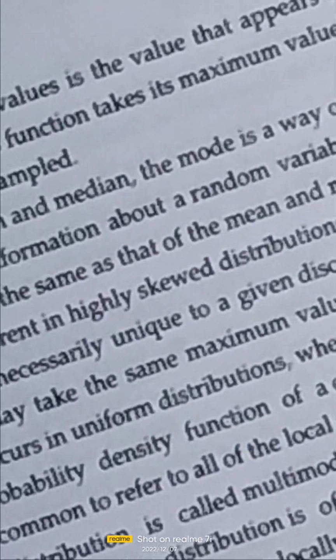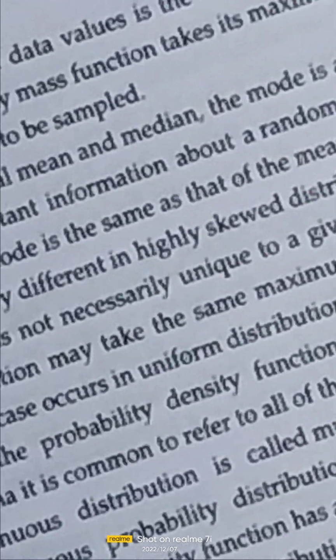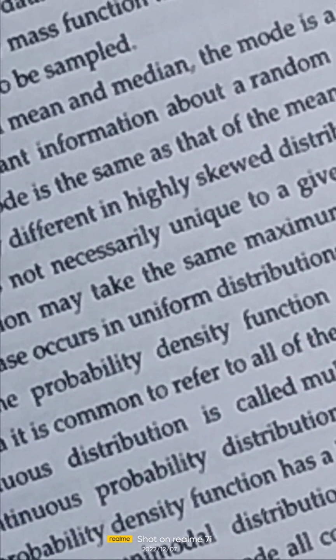When it comes to the mean, it is also called the arithmetic average. Mean is nothing but average. It is the most common measure of central tendency, and it is defined as the value obtained by dividing the total of the values in a given series by the total number of items.